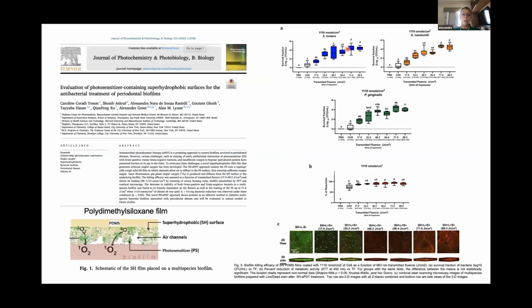So to show the efficacy of antimicrobial PDT, we have done different studies in vitro, in vivo, in patients. Here in Brazil, we already applied antimicrobial PDT in the clinics, and we have got very nice and interesting results.